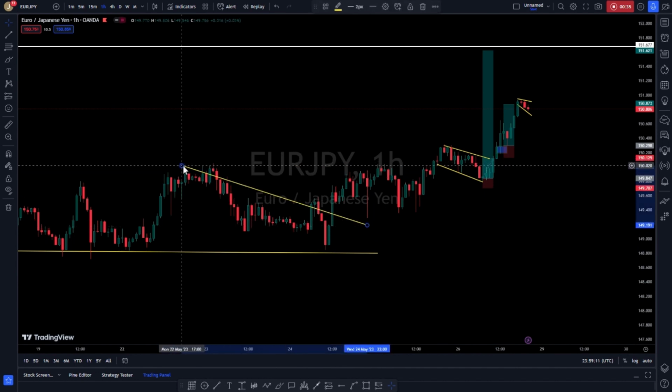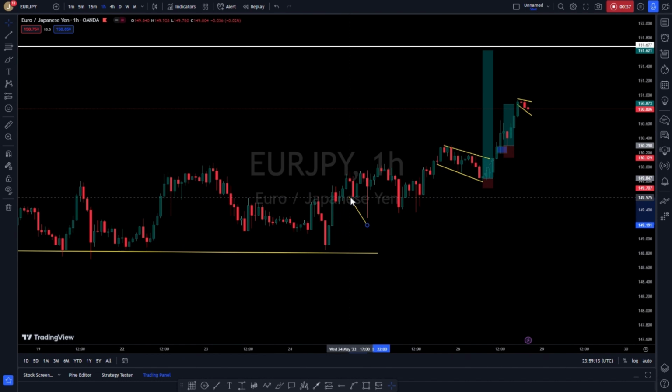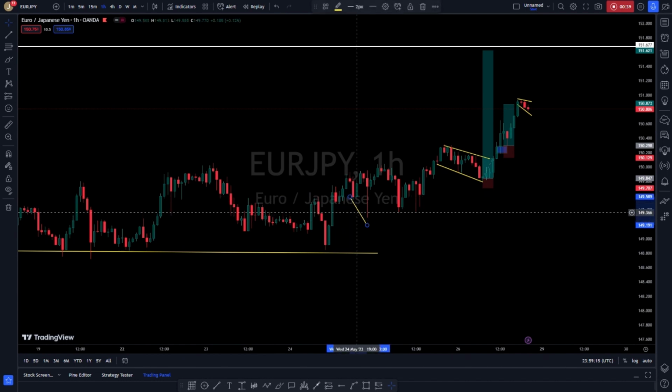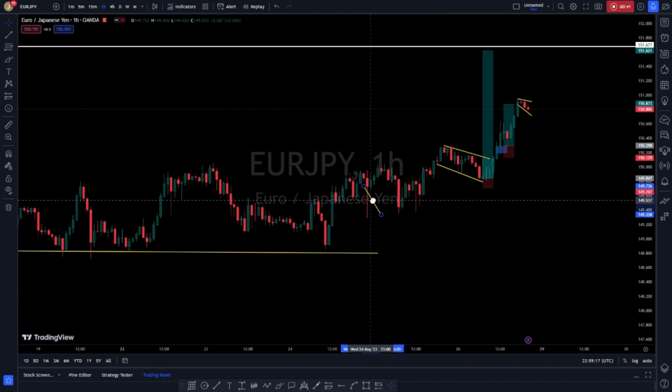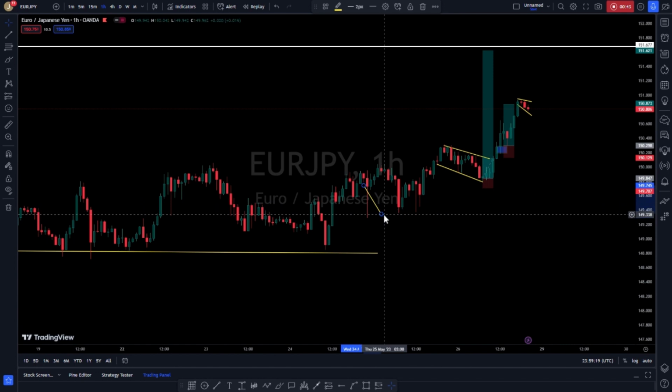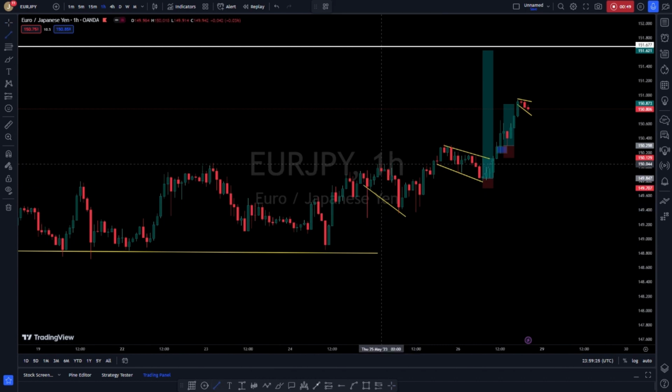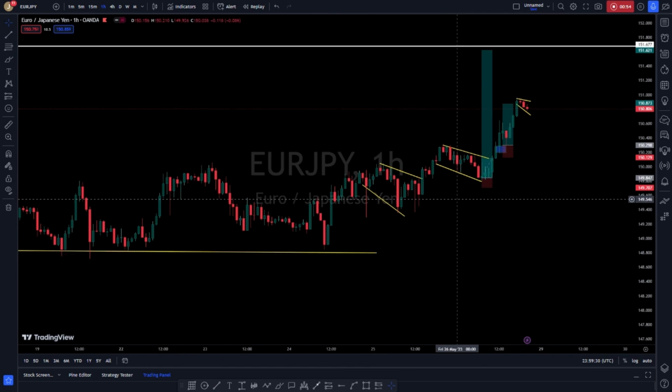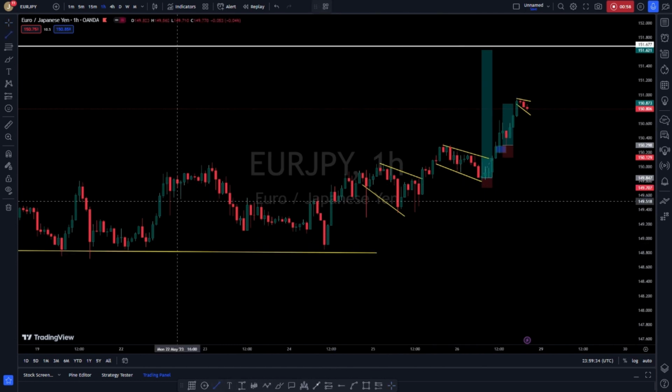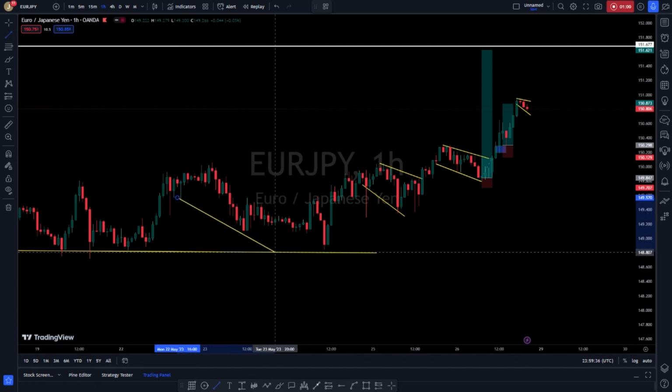Let me just show you guys something here. The recurrent pattern here is something like an impulse. You can see it has been creating this kind of pattern. You can also see it here on the larger scale.